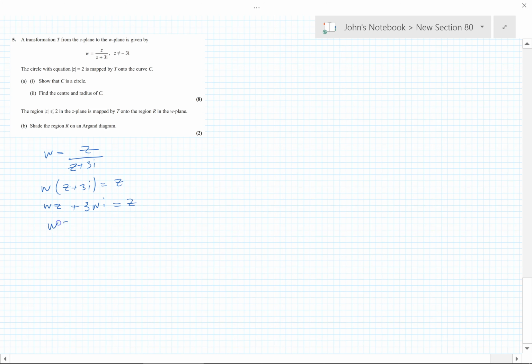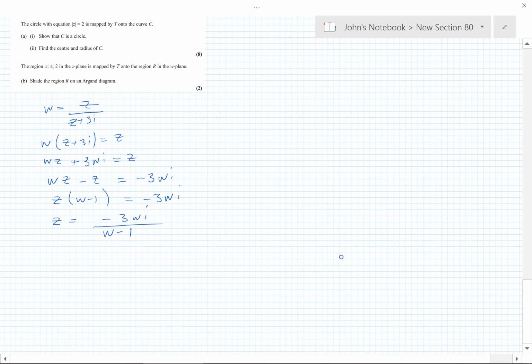So wz minus z is equal to minus 3wi. So z bracket w minus 1 is equal to minus 3wi. So z is equal to minus 3wi over w minus 1.